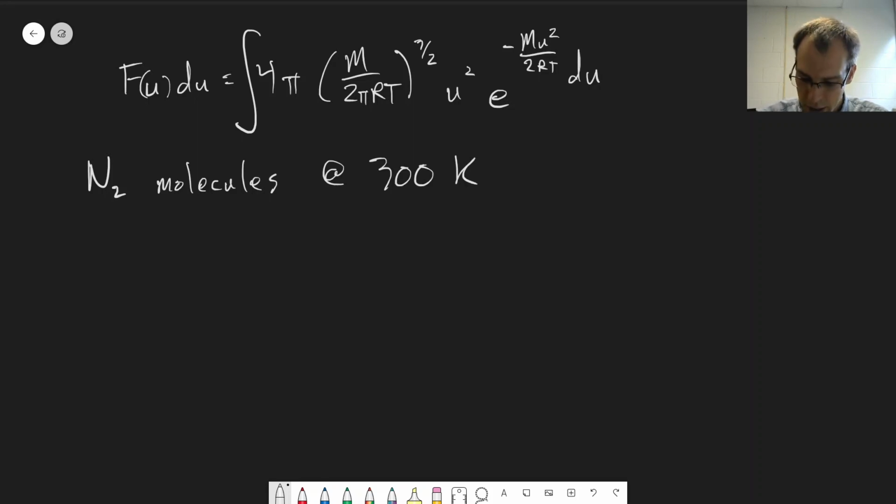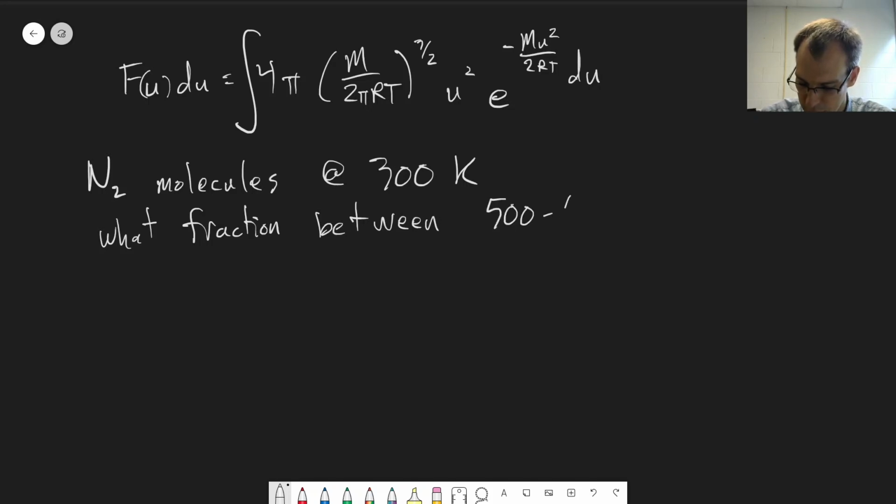We want to know what fraction are traveling at speeds between 500 to 600 meters per second. By the way, that's really fast, and these particles around us are moving around at those speeds all the time. We'll see there's a pretty significant fraction in this range, but to a gas particle, that's perfectly normal, at least at room temperature.